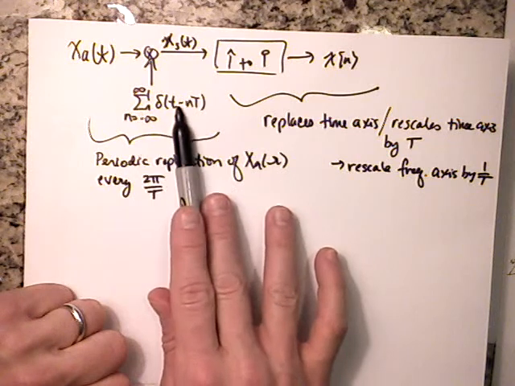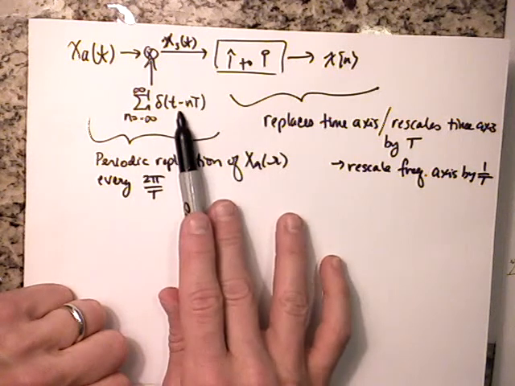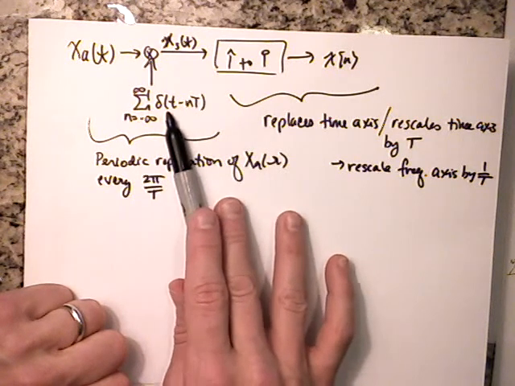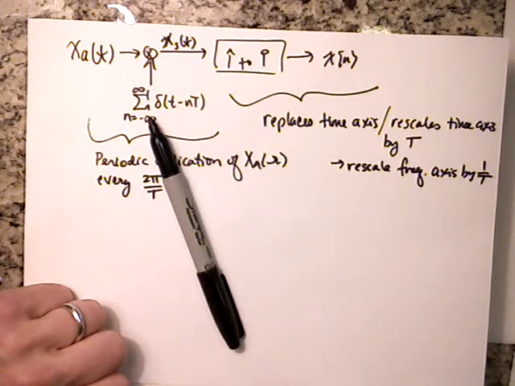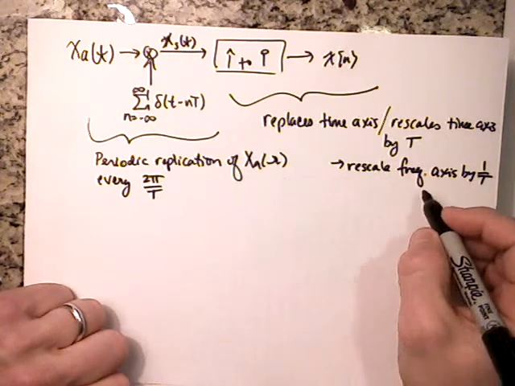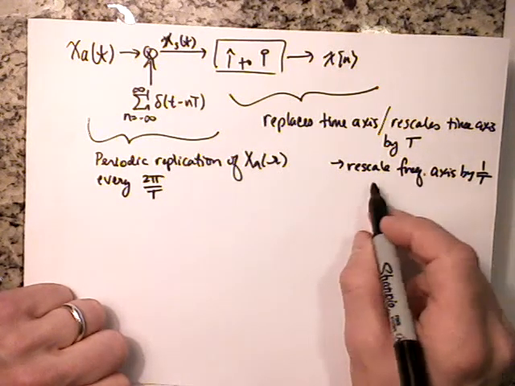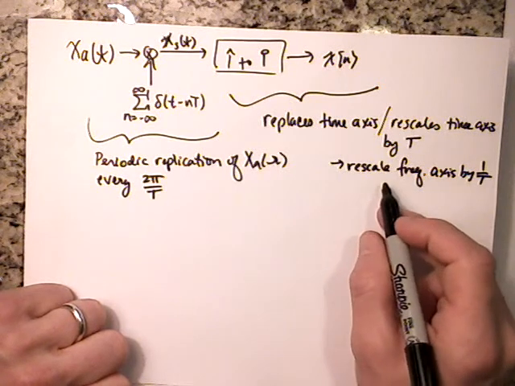This impulse train corresponds to an impulse train that has areas that are 1 over T in hertz or 2 pi over T in radians. So this maps everything that was in the range minus pi over T to pi over T to now be in the range minus pi to pi.